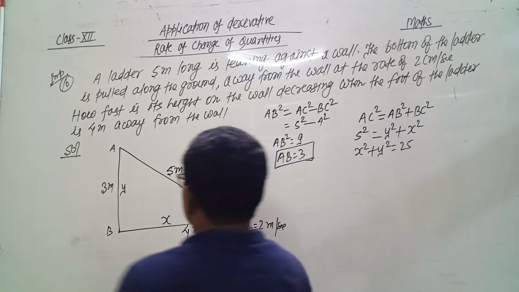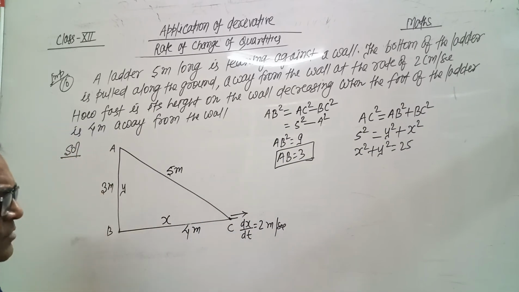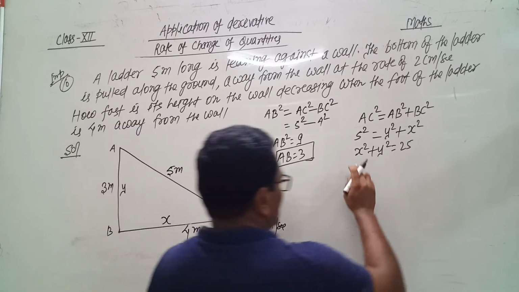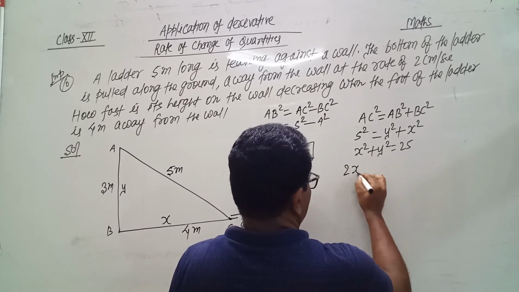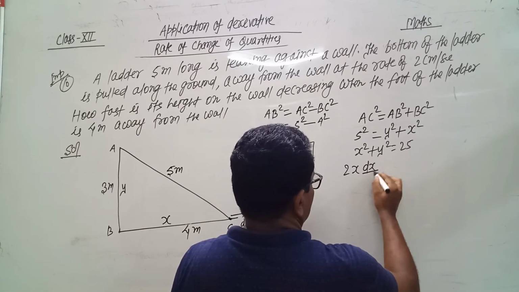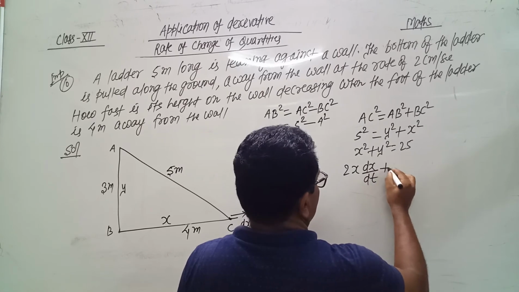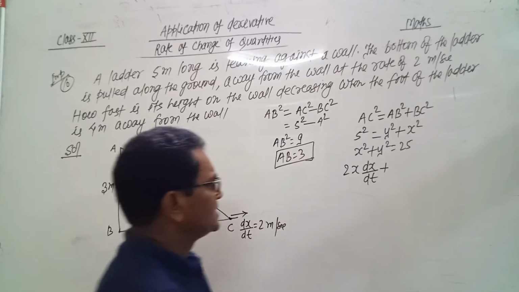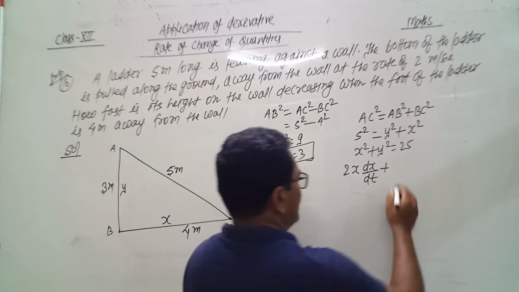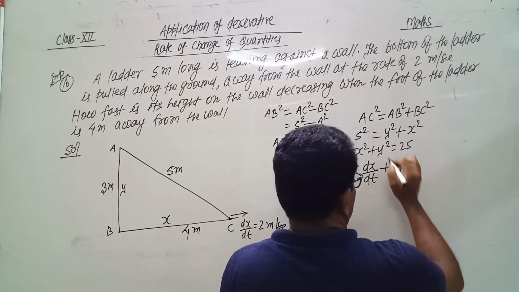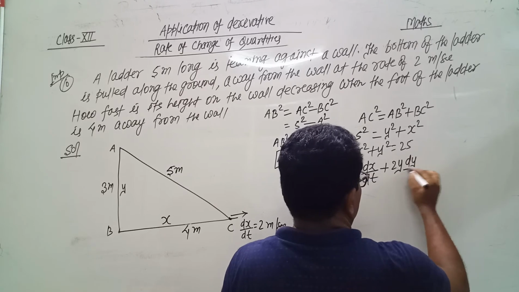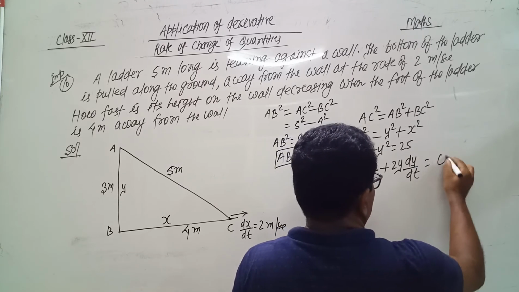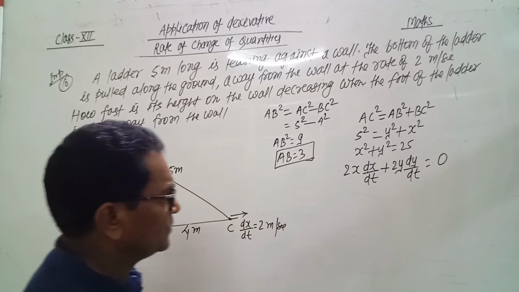Now differentiate with respect to time on both sides. The differentiation of x square is 2x, and the differentiation of x is dx by dt. The differentiation of y square is 2y, and the differentiation of y is dy by dt, and the differentiation of 25 is 0.